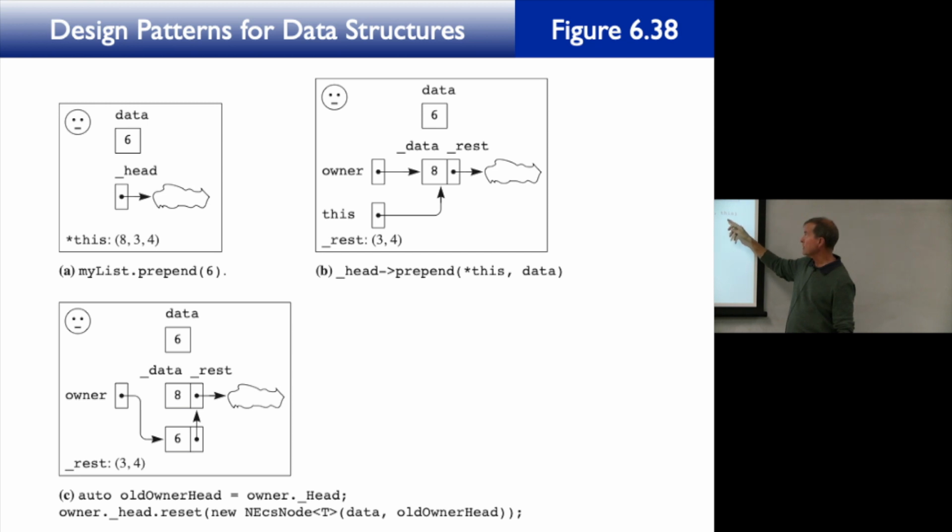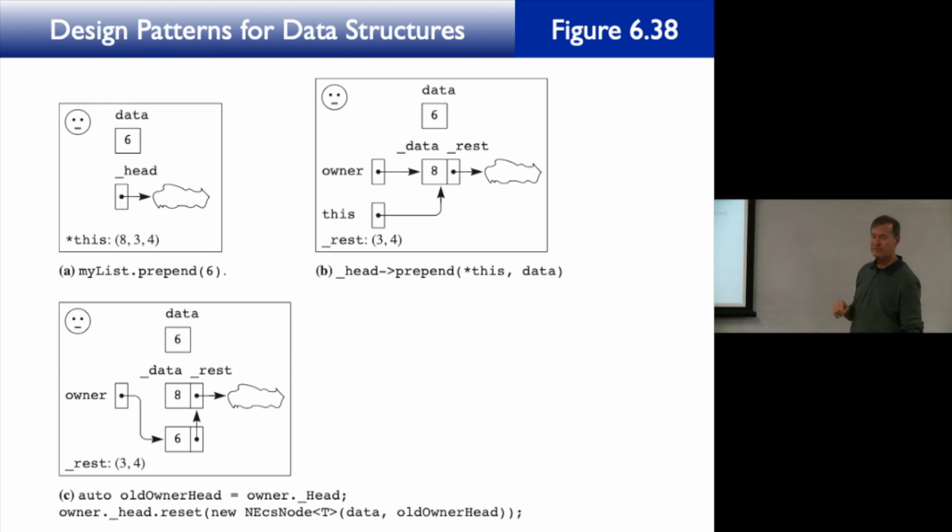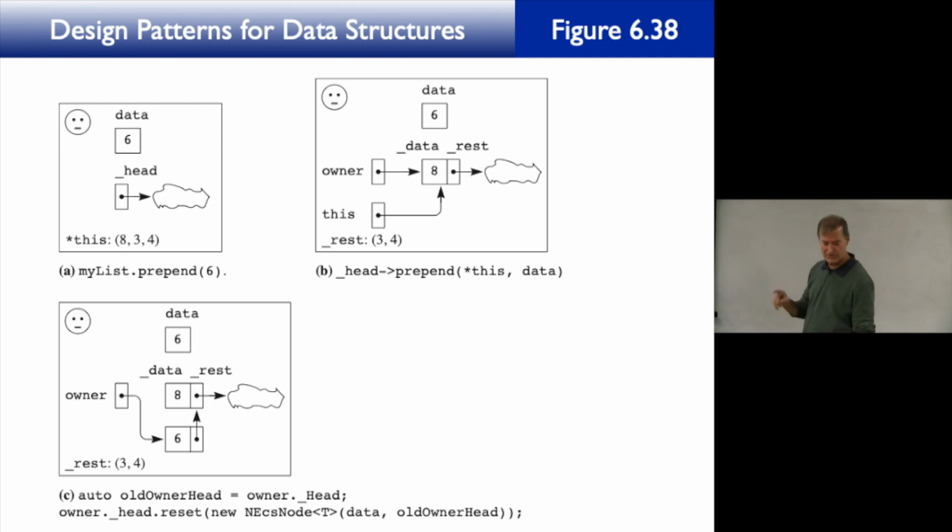What the constructor does is it sets underscore rest to this, and it returns the pointer to the newly allocated node. Because owner._head gets this, owner._head points to that newly allocated node. You see how all that is just one line, with lots going on behind the scenes.